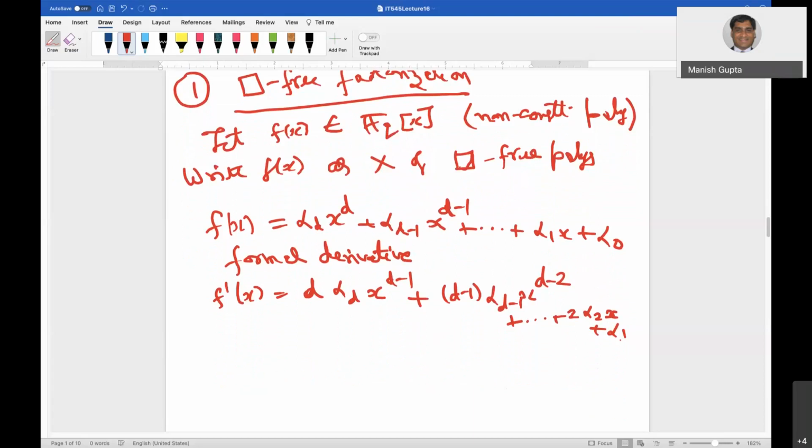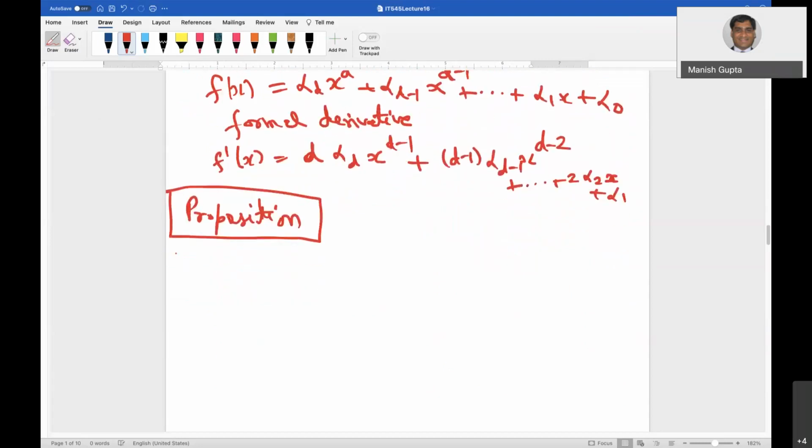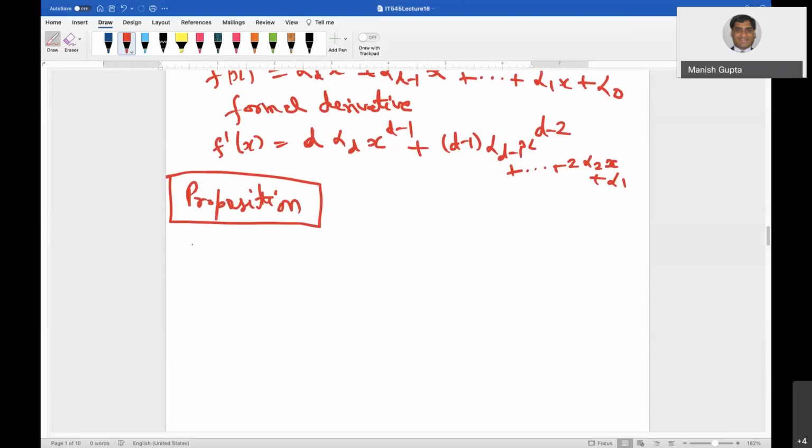Now I'm going to describe a proposition which is quite good and quite useful. The proposition says like this: f dash of x is 0, that is, the derivative of f(x) is 0, if and only if f(x) is equal to g(x) raised to power p for some polynomial g(x) in Fq[x].